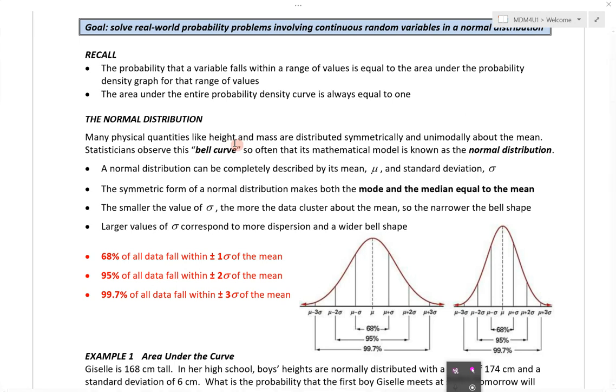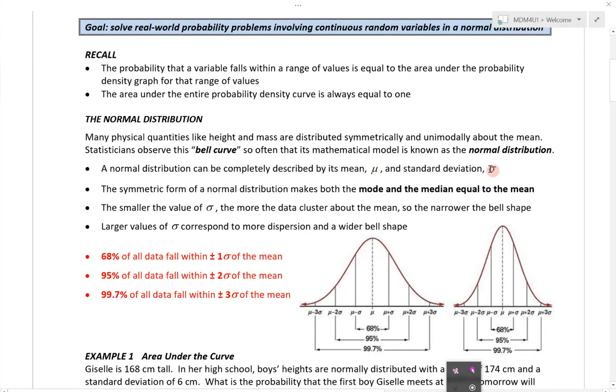Okay, and this bell-shaped curve is a mathematical model known as a normal distribution. And this is so very often seen in so many different things, in nature, in measurements, in random things, physical quantities, like I said here, like height and mass. It's all normally distributed.